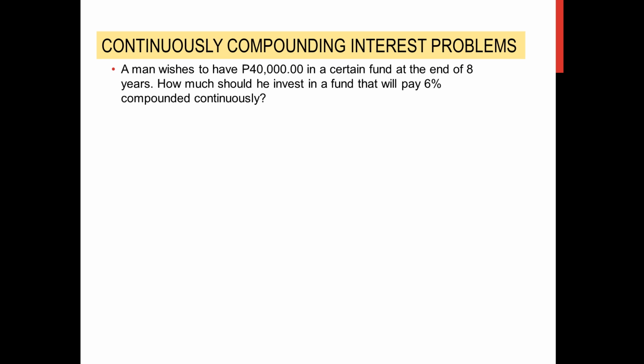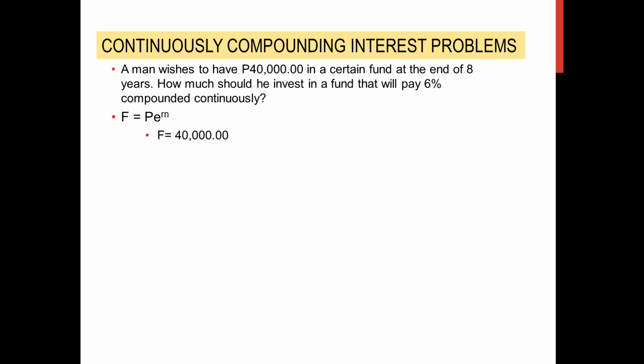So how about this problem? A man wishes to have 40,000 pesos in a certain fund at the end of 8 years. How much should he invest in a fund that will pay 6% compounded continuously? Just the same formula. What is the 40,000 pesos? It is actually the future worth, because that is the aspiration of the man after the end of 8 years.